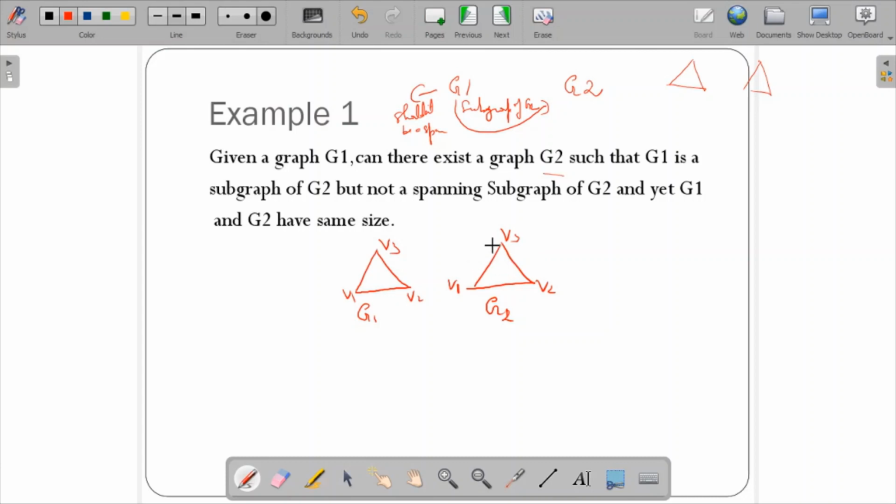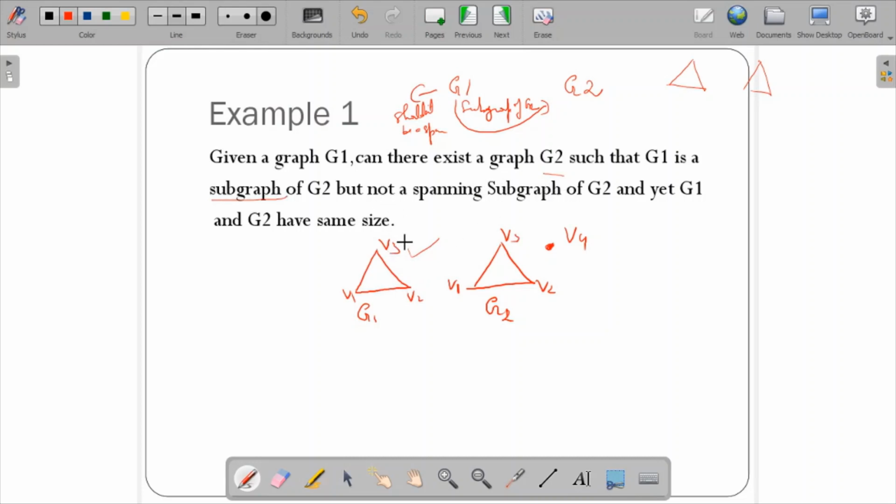So what I can do is put one extra vertex, v4. Now this is the main graph, and from this I can build a subgraph. Yes, I put an isolated vertex. Now you have the vertex set v1, v2, v3, v4, and v1, v2, v3 is a subgraph of this, so that condition matches, but it is not a spanning subgraph.